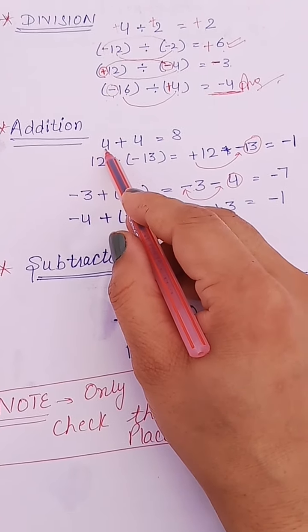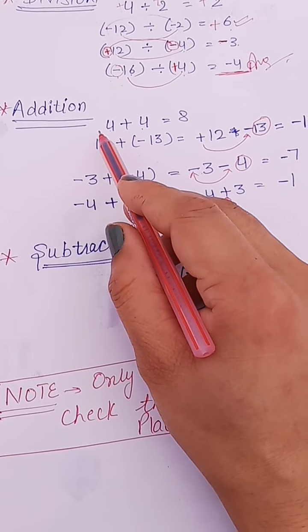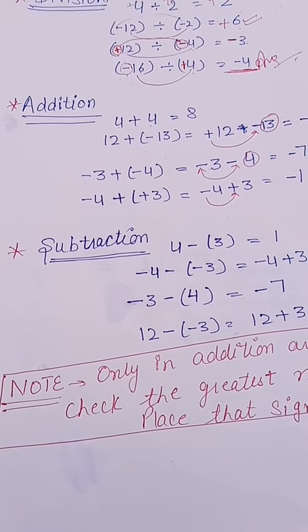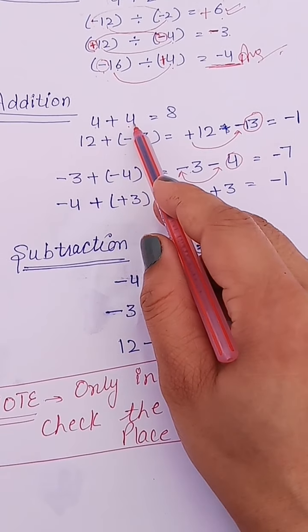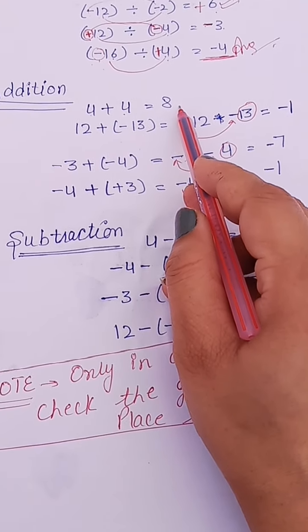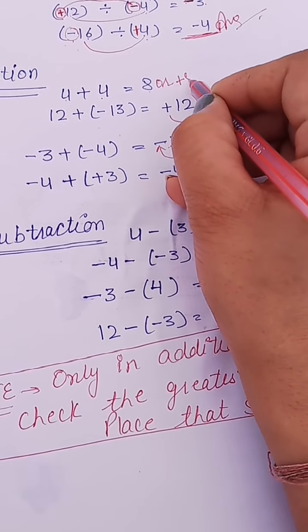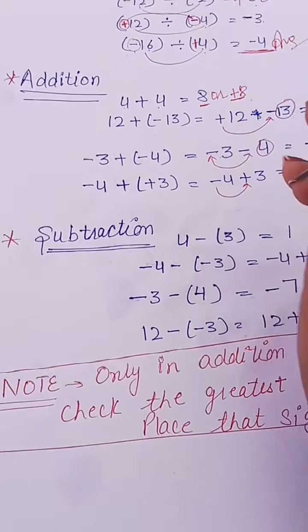Firstly, you have a positive number, second also a positive number, and we have to add these two numbers. 4 plus 4, what comes? 8. Clear? Here only 8 or +8. Here there is no difference between these two numbers.